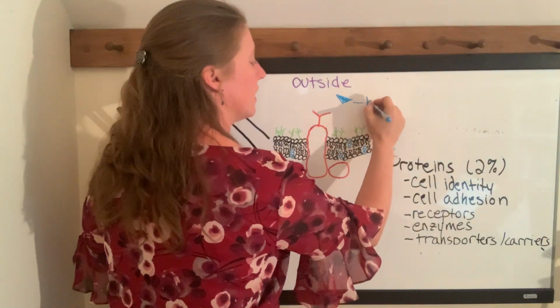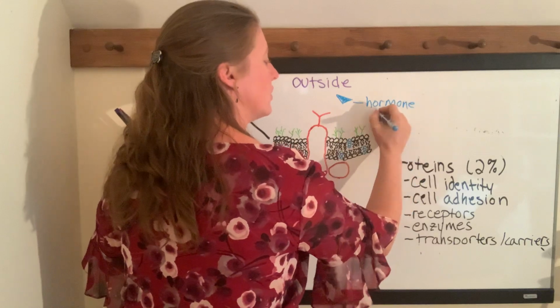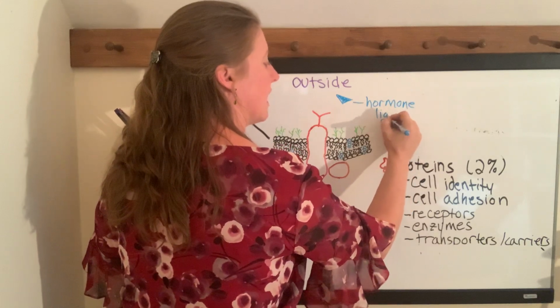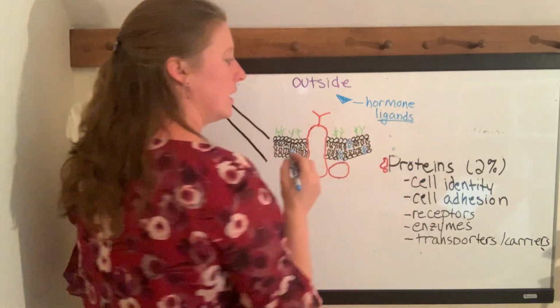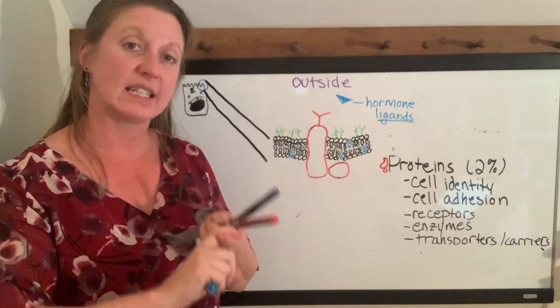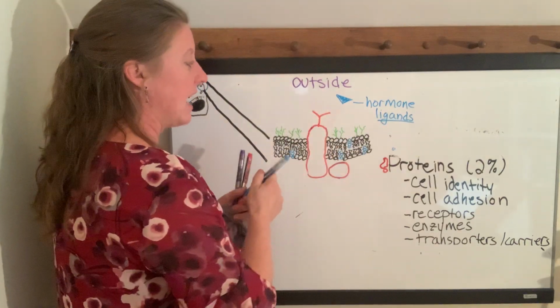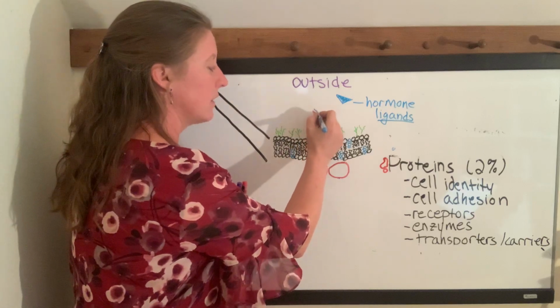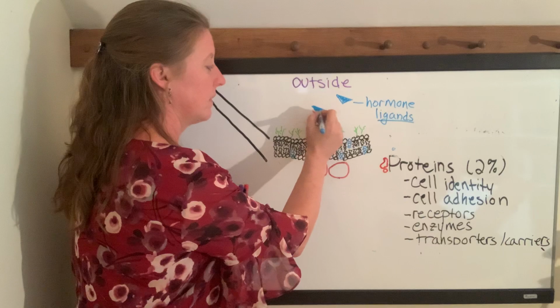So this would be a hormone, for instance, or more generally, these are referred to as ligands. All right, a ligand, to ligate means to tie together. So a ligand is something that ties together or binds with its specific receptor on the cell.